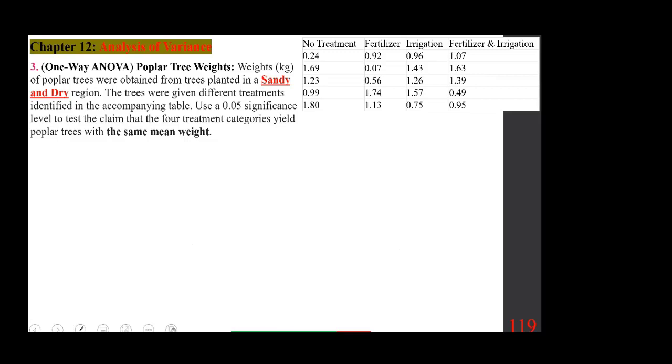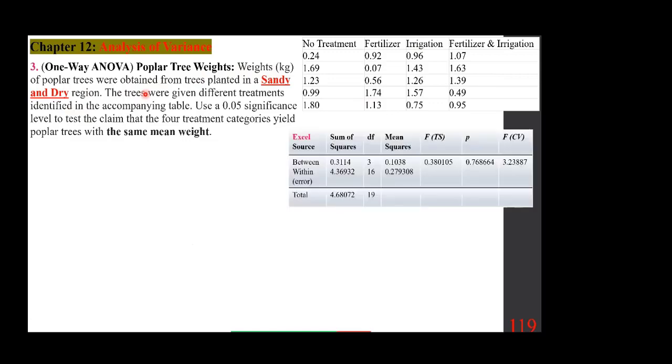We're going to do the same thing, but this time in a sandy and dry region, and we want to run the test. So pretty much the same question, but a different region, sandy and dry. So we run the test, and here's the table. And the very first step, H0 and H1 are the same.